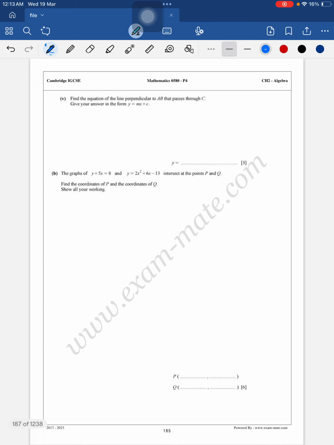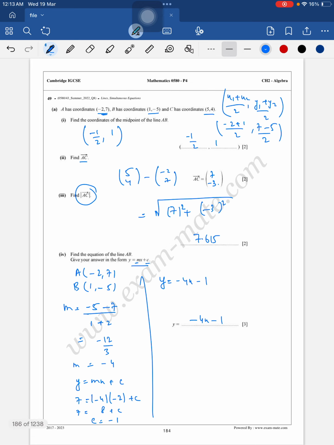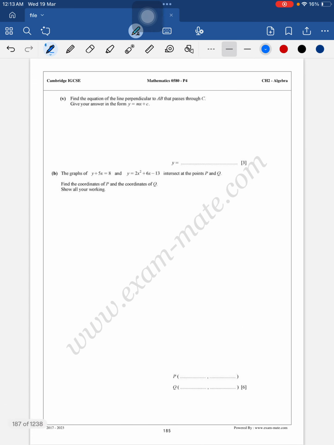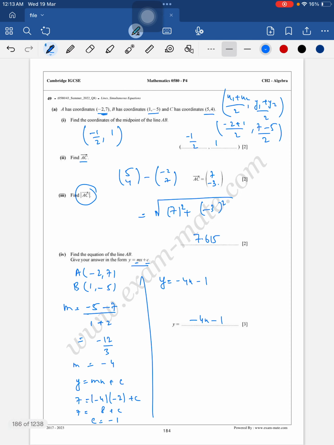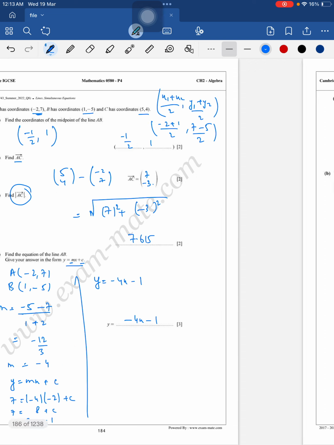Find the equation of the line perpendicular to AB that passes through C. Passes through C means the C coordinate is 5 comma 4, and perpendicular to AB means the gradient of line AB is minus 4.